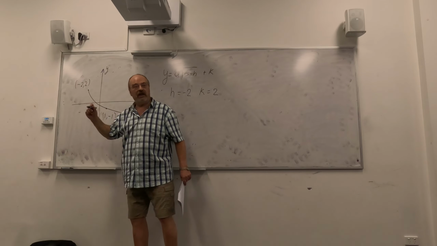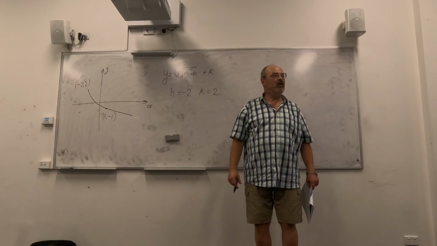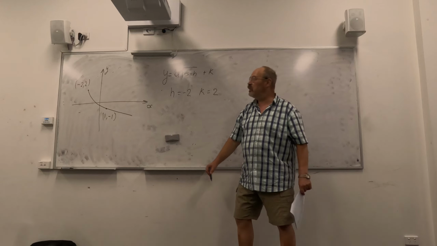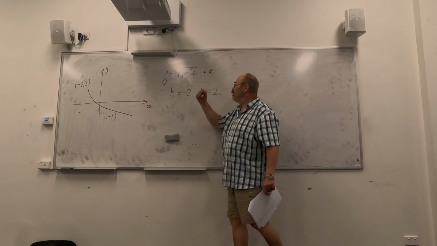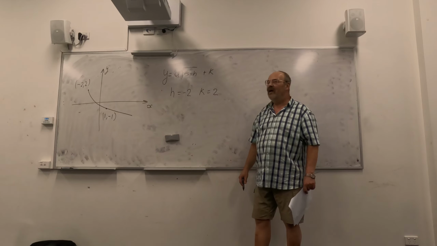Does everyone understand why? Because those are the starting h and k. No, h is 2, it's x minus h. Yeah, x plus 2.